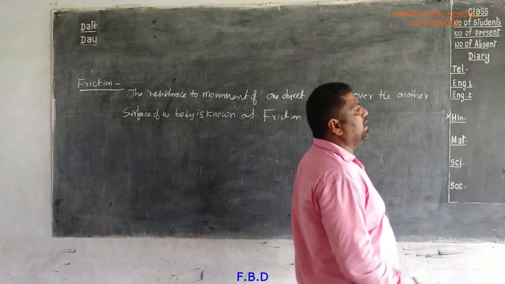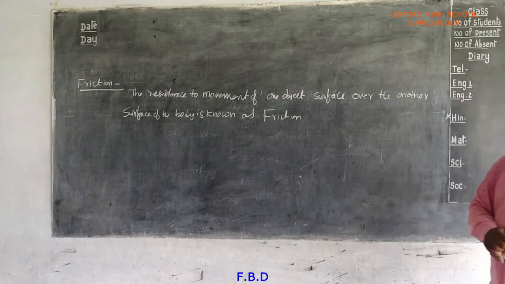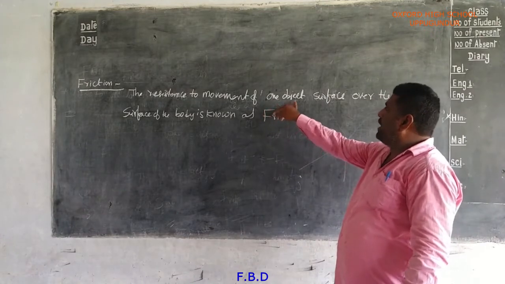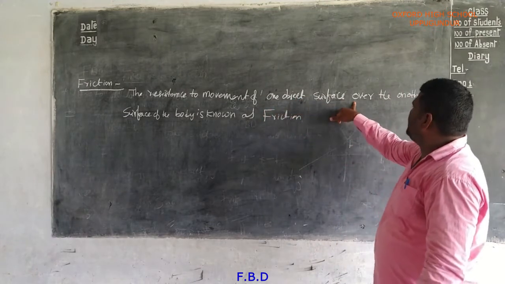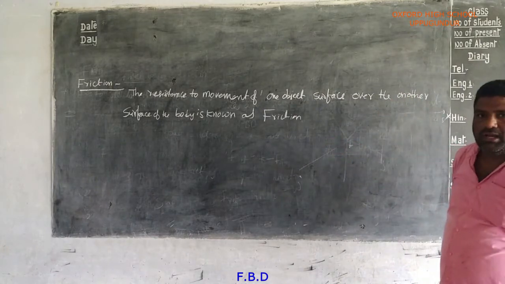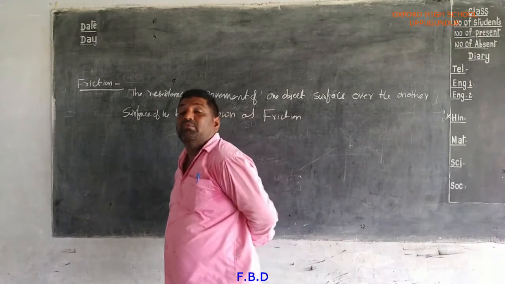So once again I will repeat the definition. What is the definition of friction? The resistance to movement of one object surface over another surface of the body is known as friction.